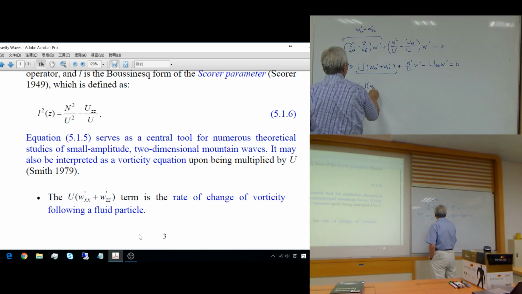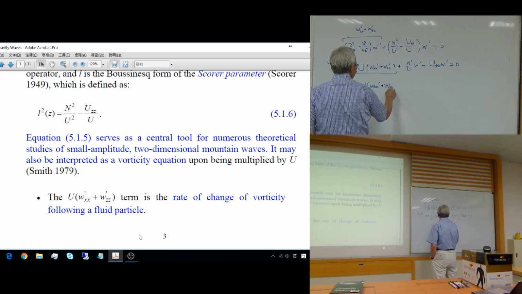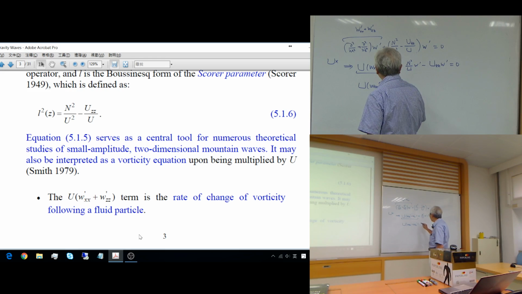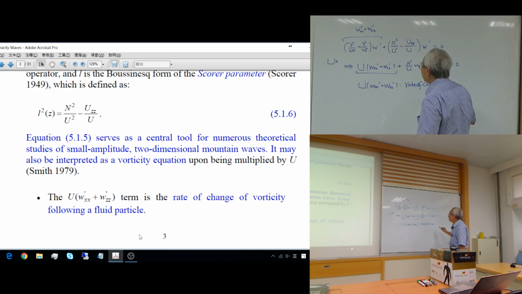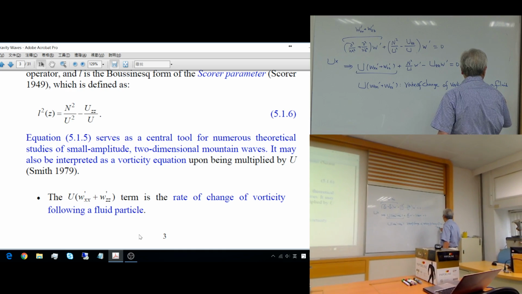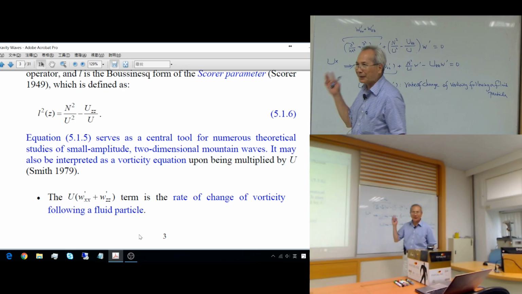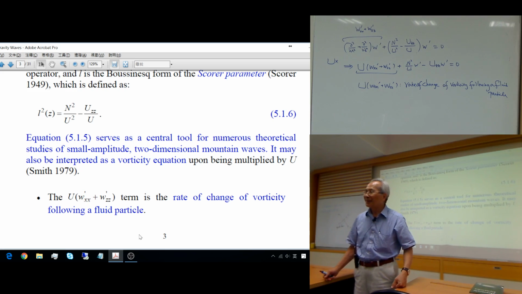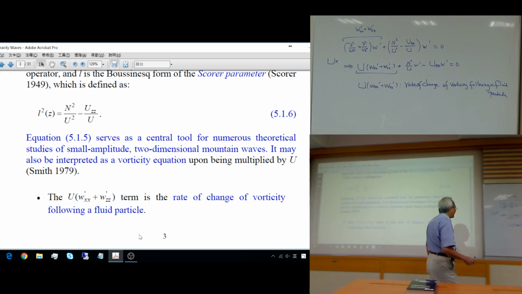The physical meaning of this term is the rate of change of vorticity following the fluid particle. Anybody know why? No? Okay, let me give you a hint.